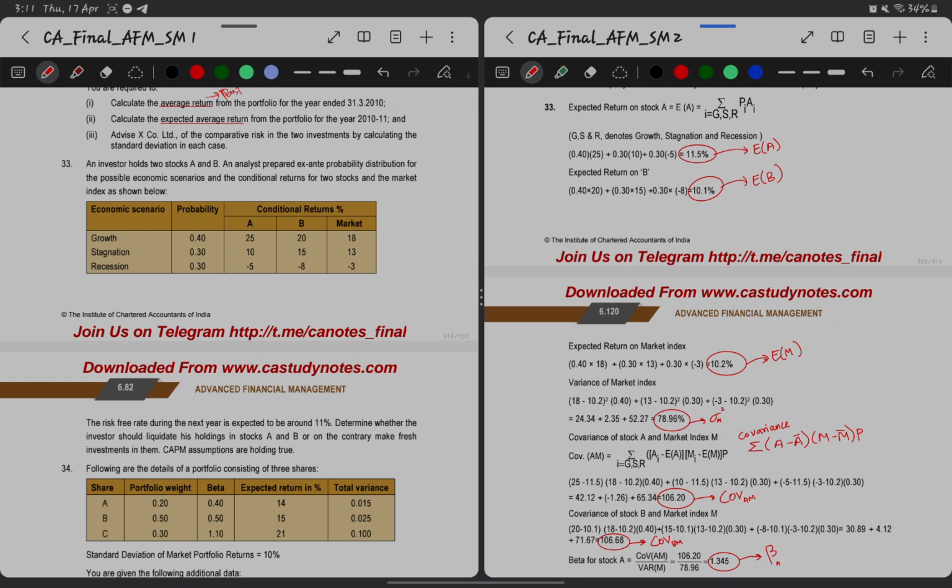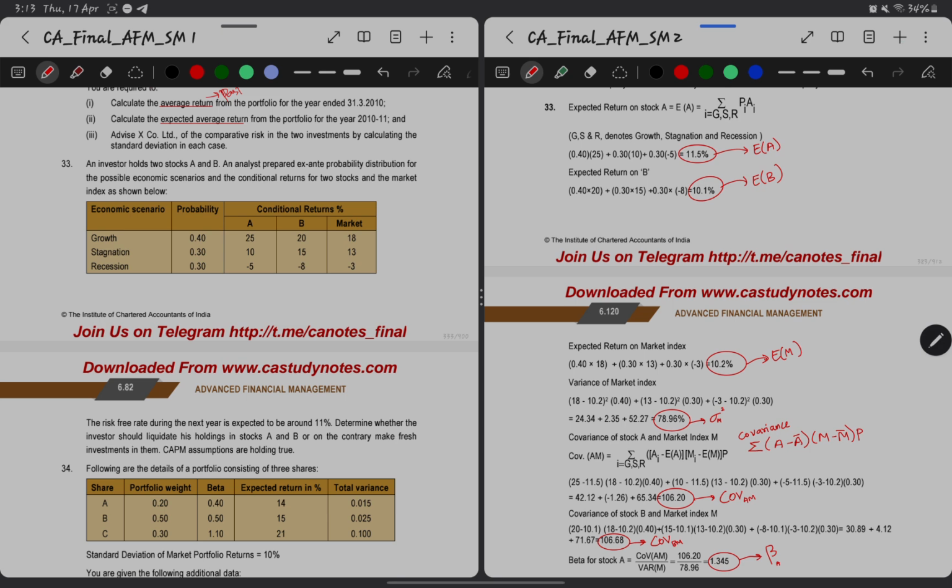Practical question 33. An investor holds two stocks A and B. An analyst prepared ex ante probability distributions for the possible economic scenarios and the conditional returns for two stocks and the market index as shown below.